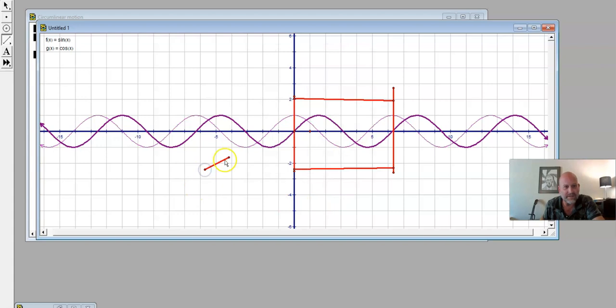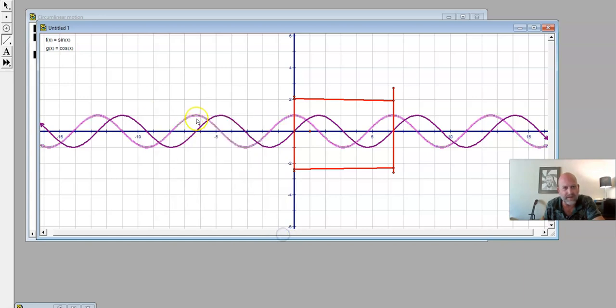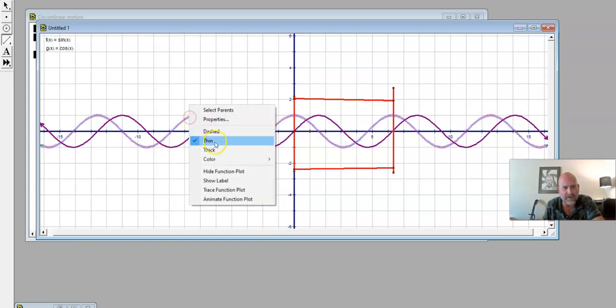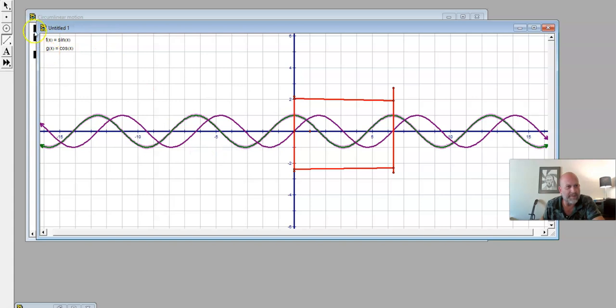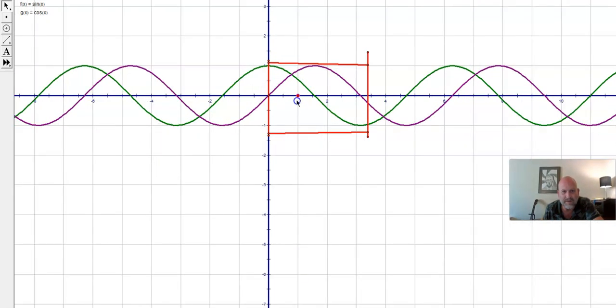Let's change the color so we can see it better. Let's make it that color and bold it. Okay, so you notice that it's the same shape as sine. Sine is here in purple. Let me make this bigger. Let's get these things off of here.